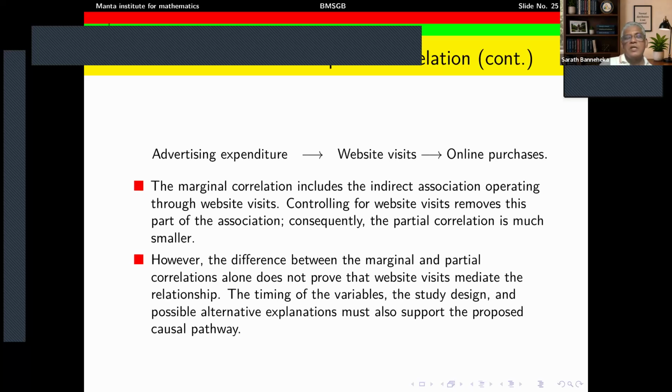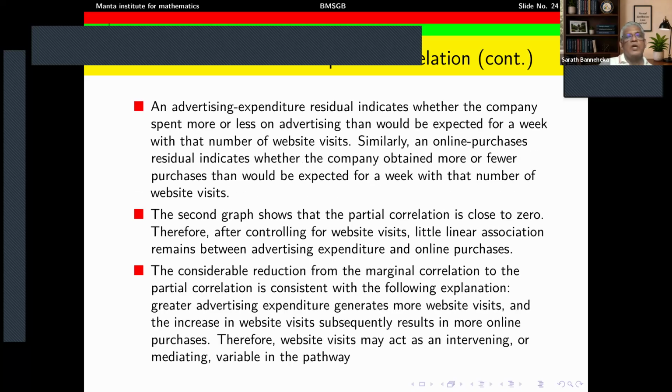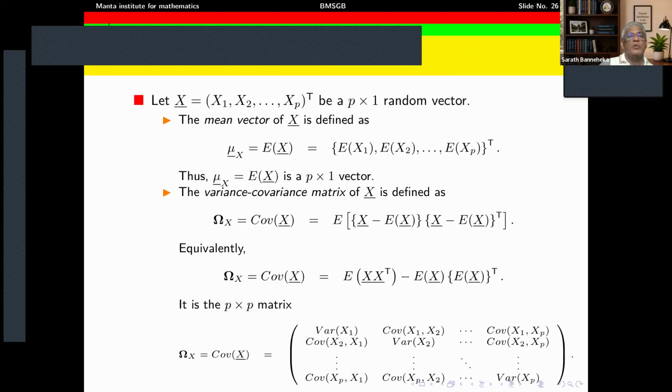So that is the end of the discussion about these three types of covariances and correlations. In the next video, I will discuss random vectors, right?